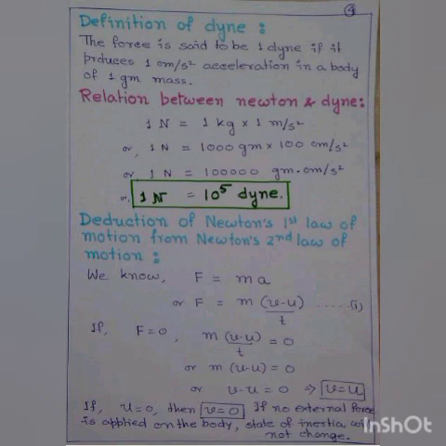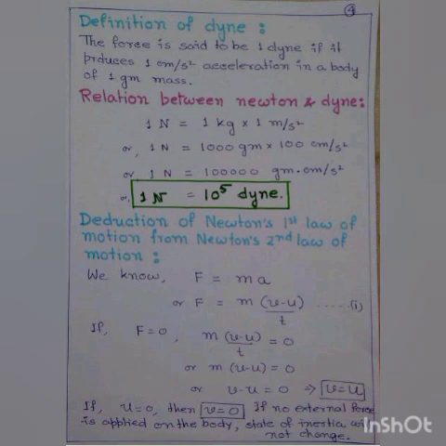Next we will discuss a very important topic: how we can deduce Newton's first law of motion from Newton's second law of motion. Now we know from the second law of motion F equals mass into acceleration, or F equals m into (v minus u) by t.